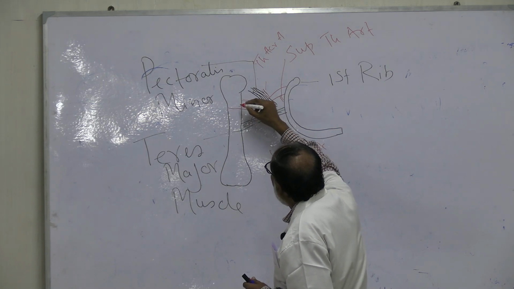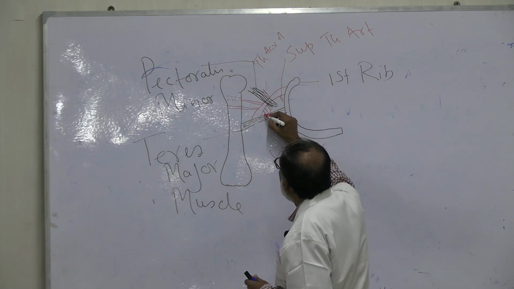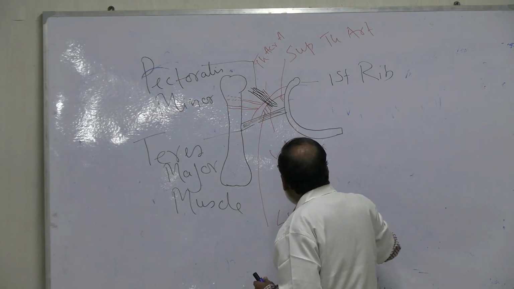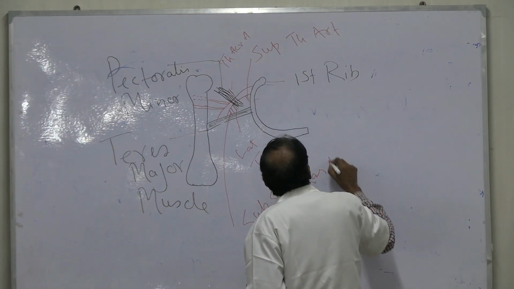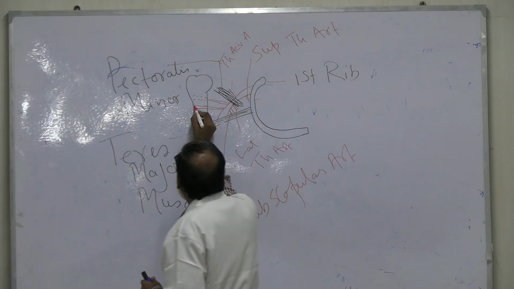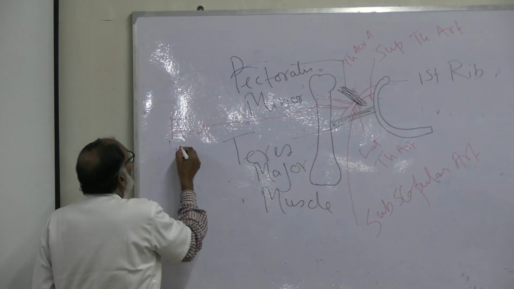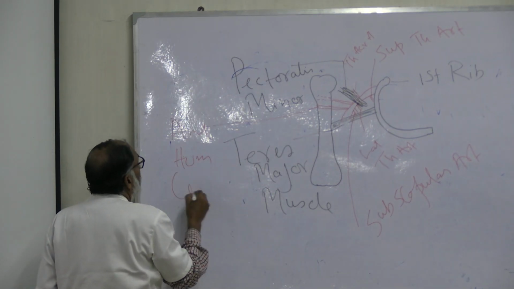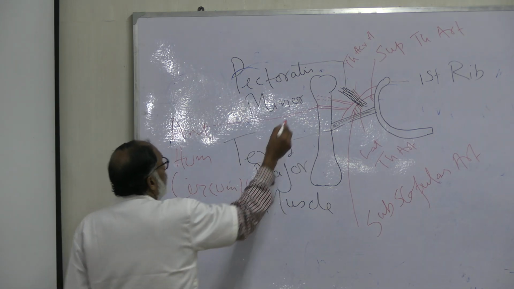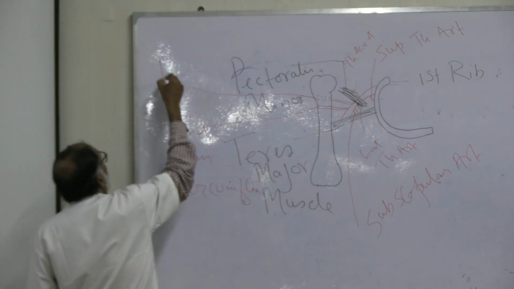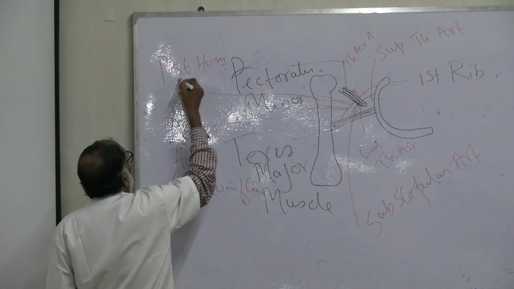This one is anterior and this one is posterior, and this one is the subscapular artery.